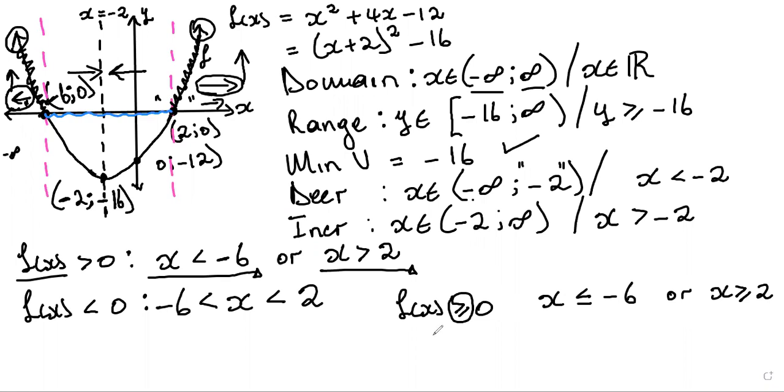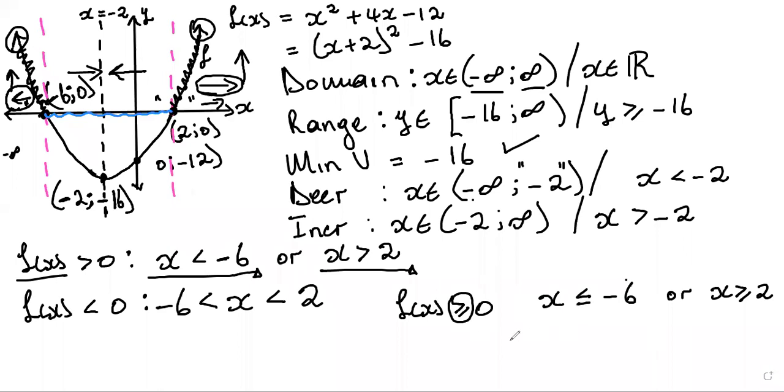We want where it's positive and where it's equal to 0. So at exactly -6, it's going to be equal to 0. But at any value that is less than -6, the function will be positive. Yeah, I hope it makes sense. I really hope it makes a lot of sense.